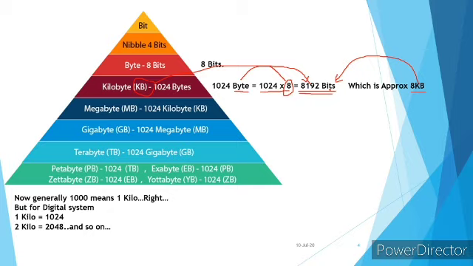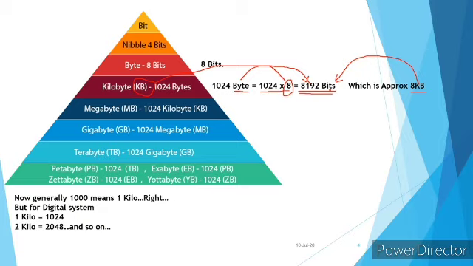Now, you might be wondering, generally 1000 means 1 kilo. In our general maths, or general day-to-day life, when we want something of 1 kilo, then it is 1000, right?